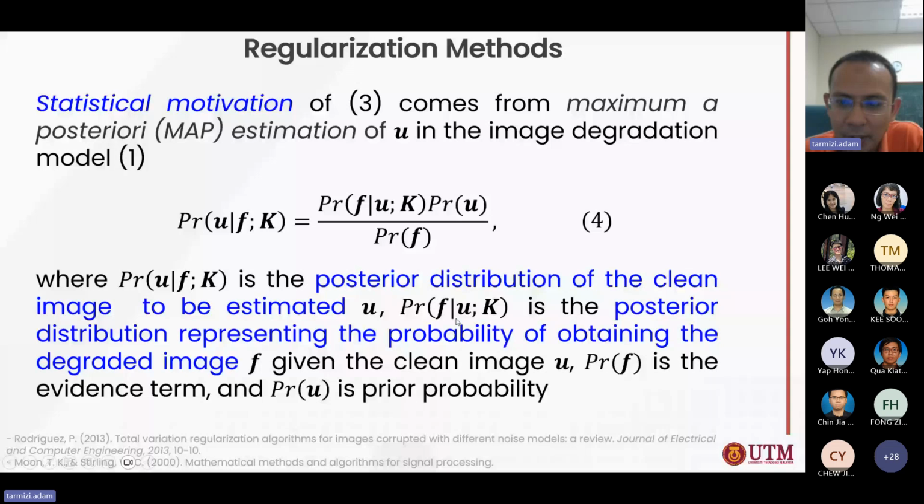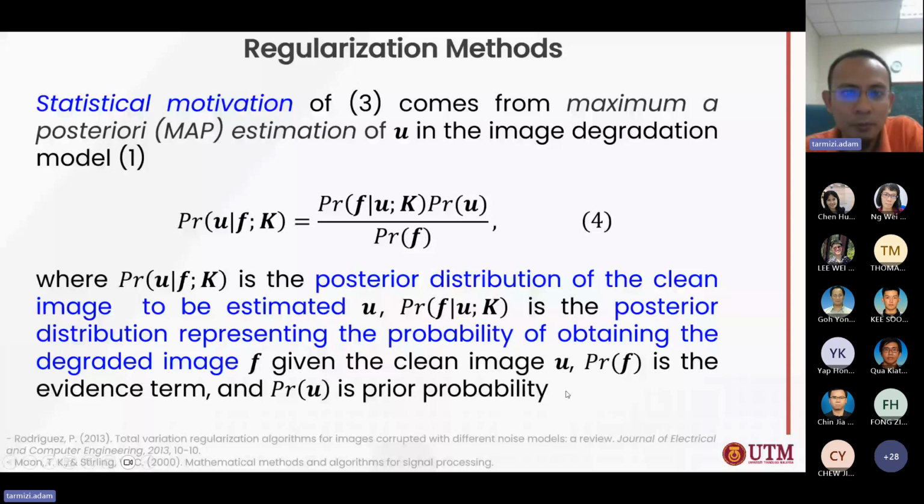And this one is the probability of obtaining the degraded image f given the clean image. This probability over here is the evidence term, and this probability is what we call the prior probability.